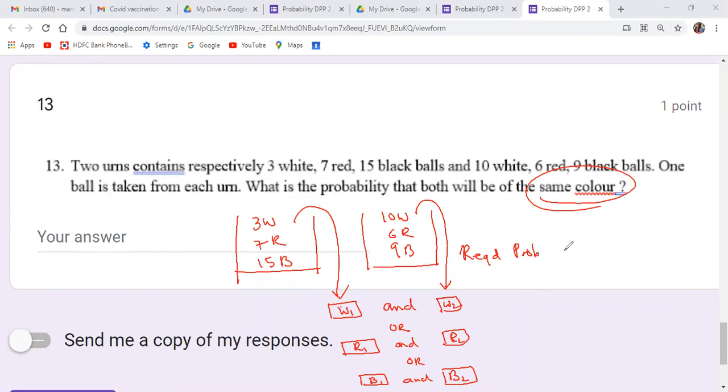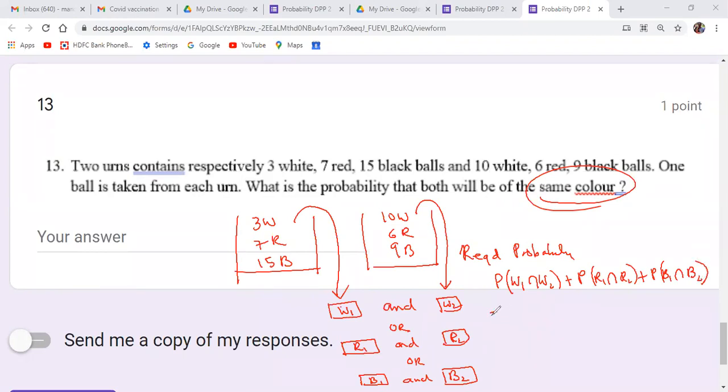Are they independent events or dependent events? If I remove a white from here, will the white here change? Does the sample space change? No. Independent. So P of W1 and W2 plus P of R1 and R2 plus P of B1 and B2.